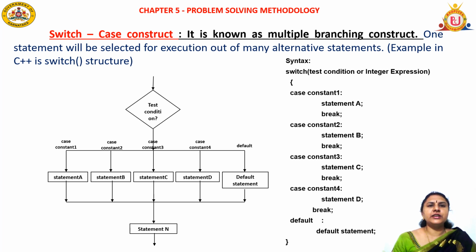First we have to test the condition. If it is case constant 1, statement A will be executed. Case constant 2 means statement B will be executed. Case constant 3 means statement C will be executed, and so on. If there is no match with the switch element, the default statement will be executed.